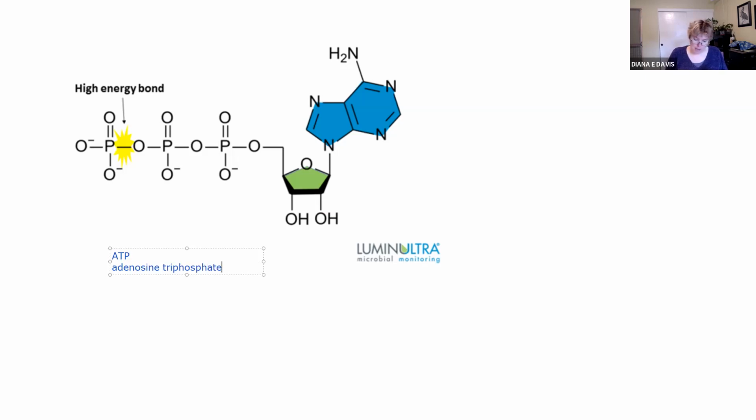We will talk about ATP when we talk about photosynthesis, and I'm sure cellular respiration. So that's later on in the semester, but it's really important. It's an important molecule for cell function. ATP is cellular energy.